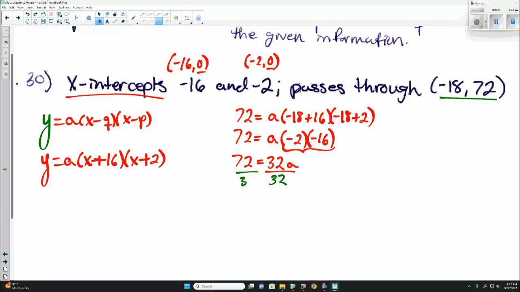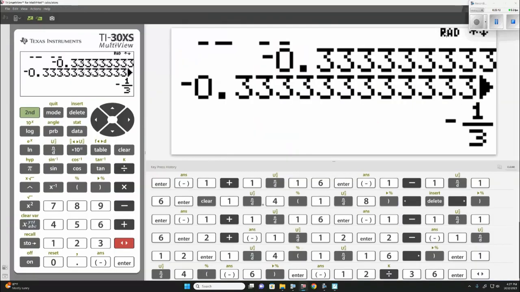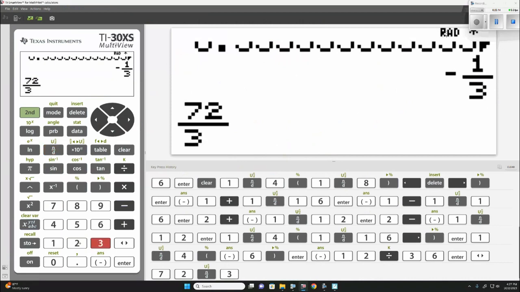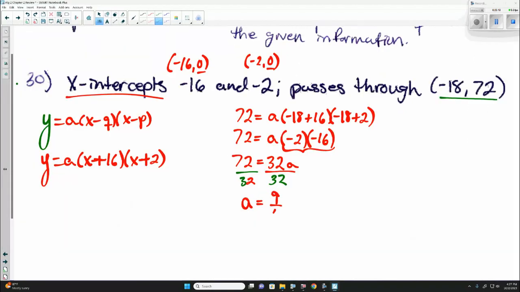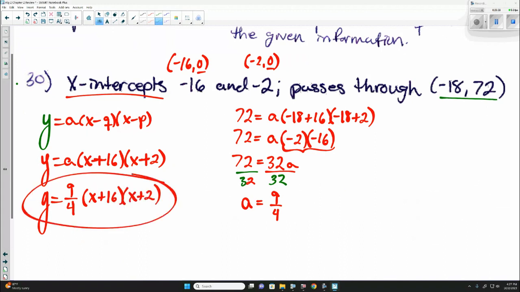At this point here, we can divide both sides by 32. 72 over 32 is 9/4. So that tells us the equation is y equals 9/4 times x plus 16 times x plus 2.